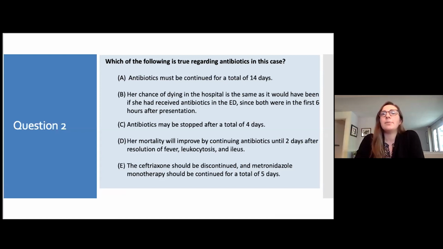C, antibiotics may be stopped after a total of 4 days. D, her mortality will improve by continuing antibiotics until 2 days after the resolution of fever, leukocytosis, and ileus. Or E, the ceftriaxone should be discontinued and metronidazole monotherapy should be continued for a total of 5 days. I'll give you a moment to think about that.